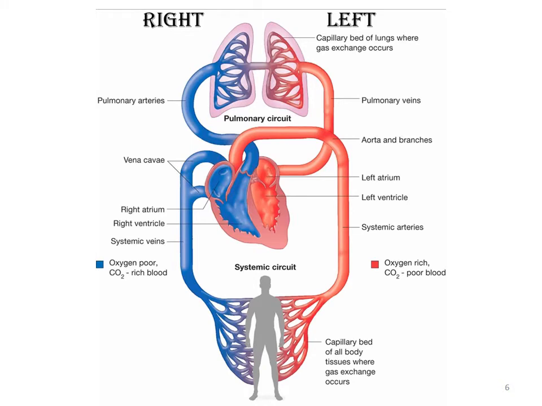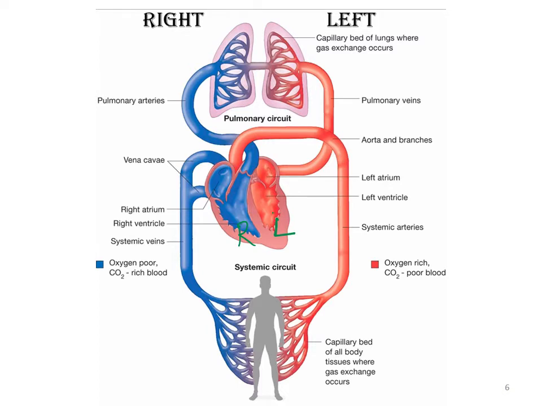So let's take a global look at the systemic and pulmonary circulation. So in the middle here we have obviously a heart, and we have a right side of the heart, and we have a left side of the heart.